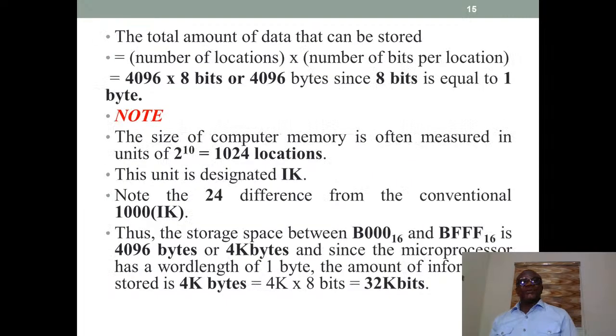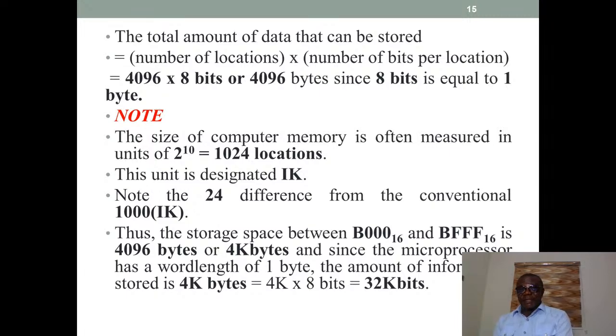So the total amount of data that can be stored will be equal to the number of locations times the number of bits per location. We have found that the number of bits per location from the question is 8, because we are told that it is a 1-byte computer.